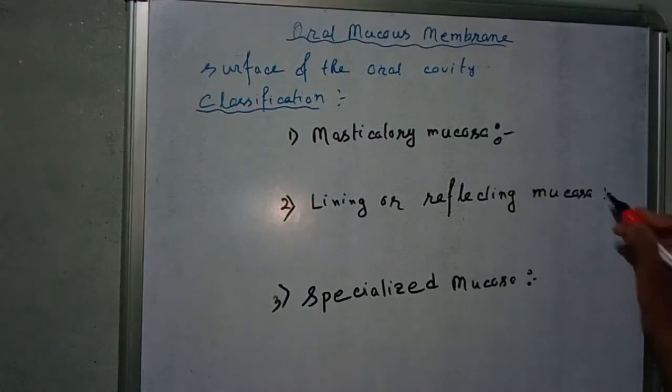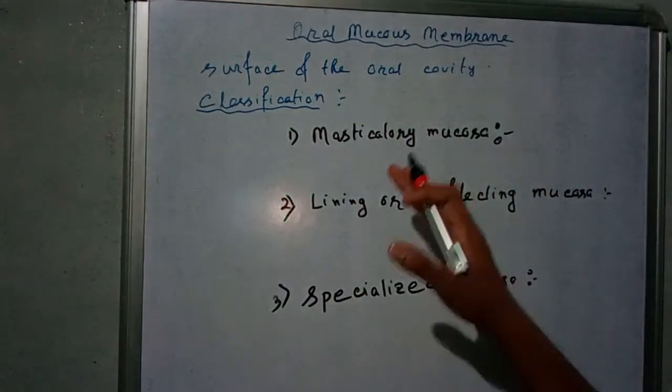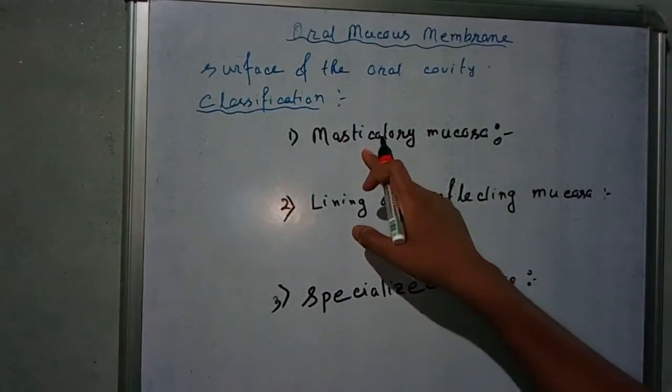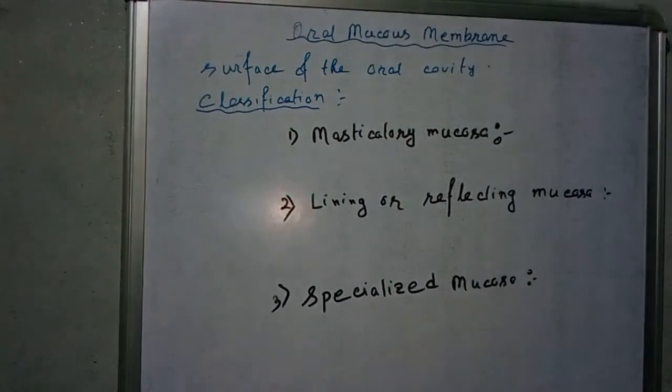These are the three major types of oral mucous membrane. At first we should discuss the masticatory mucosa. So what is masticatory mucosa?